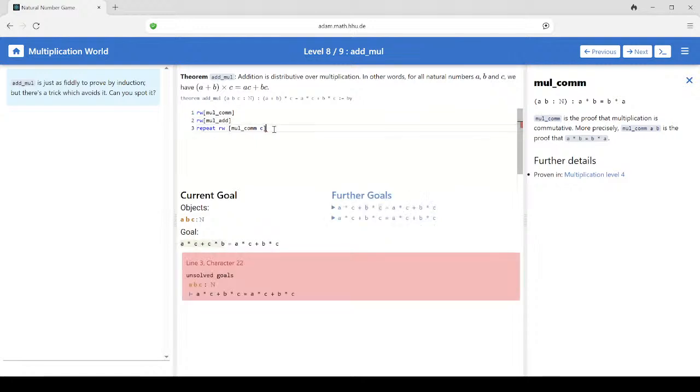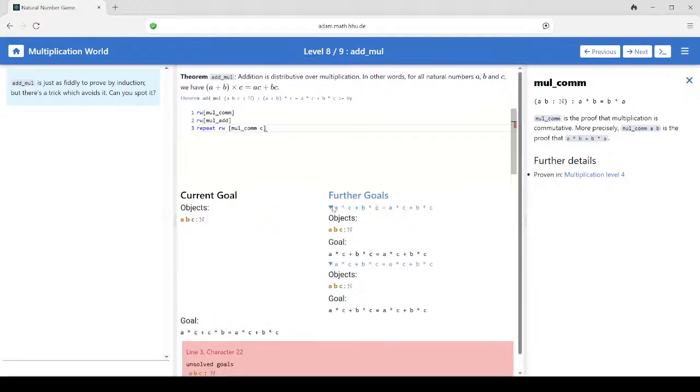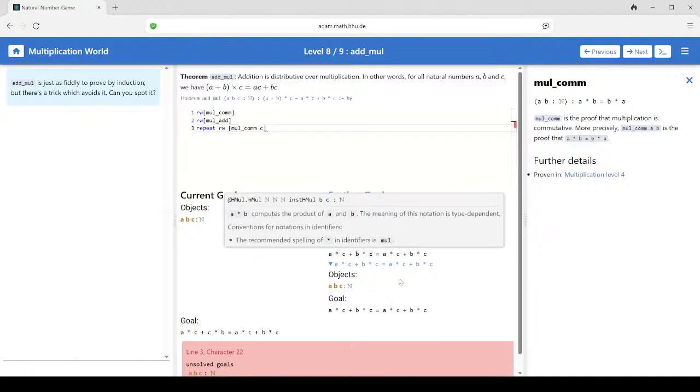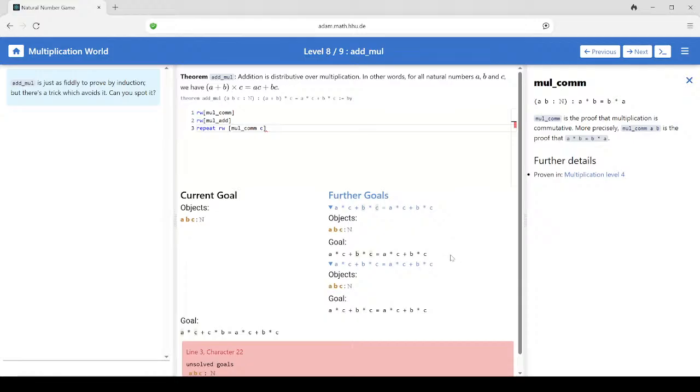When I type that in, it stops at the first one and then shows me this, further goals. Which, yeah, these two options are the same thing. I don't understand that.